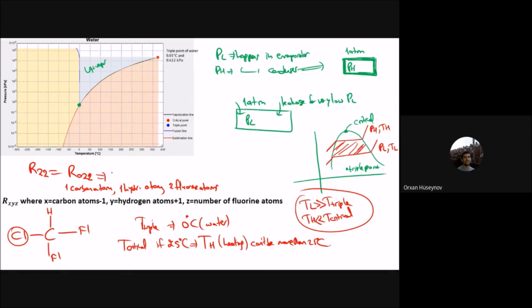Therefore these are called HCFC: hydrogen, chlorine, fluorine, and carbon. There are also HFC and CFC. It is possible to have CFC and HFC, etc.